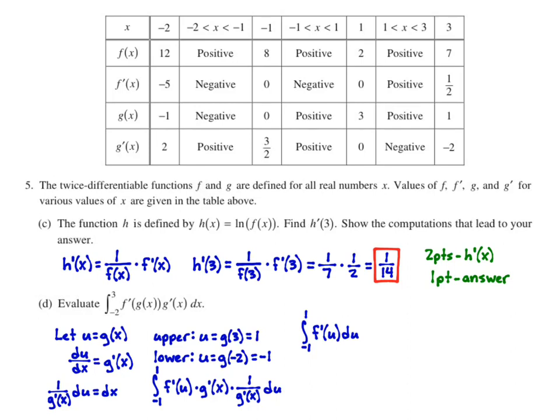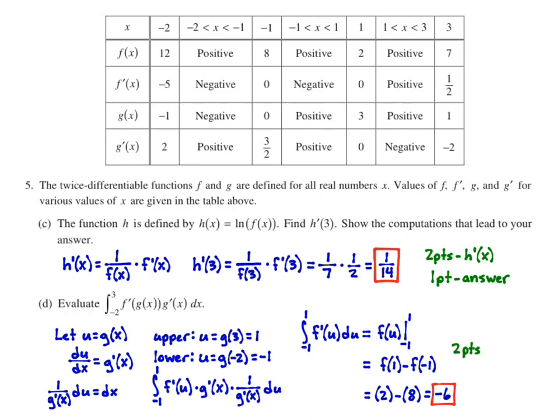What is the antiderivative of f prime of u? Well, that's just f of u, evaluated from -1 to 1, and then we plug in our upper bound and our lower bound, and then subtract. So f of 1 is just 2, and f of -1 is 8, so 2 minus 8 is -6.